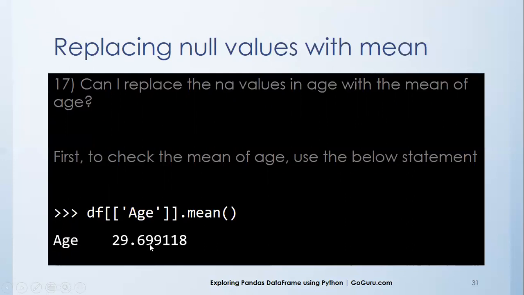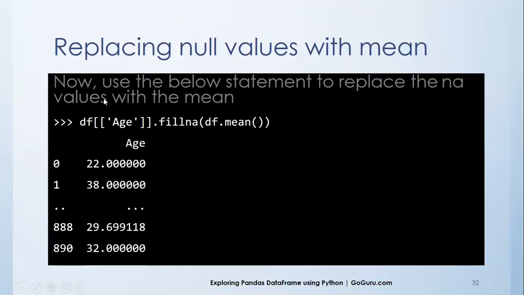And then what I can do is df of age, get me the age, and I'm saying fillna, fill non-applicable values with df mean. So this command, all it does is take all the ages that are not populated or have NA, and replace them with the mean value of that column. So that is what it does.